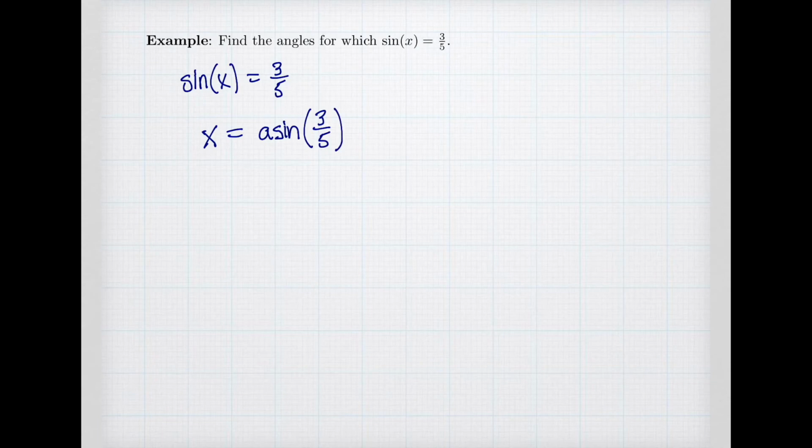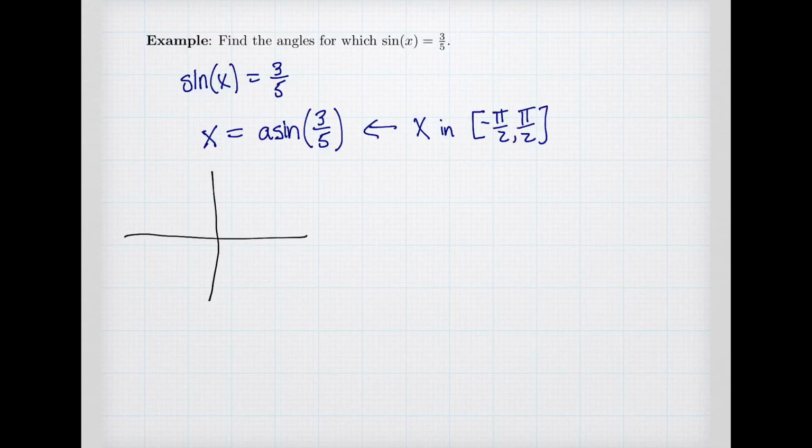Now, this only works if x is in the restricted domain for the arc sine, which are quadrants 1 and 4, so -pi/2 to pi/2. And we should think about what this means in terms of the unit circle. Whenever you're solving a trigonometric equation, we think about the unit circle. And what does this mean?